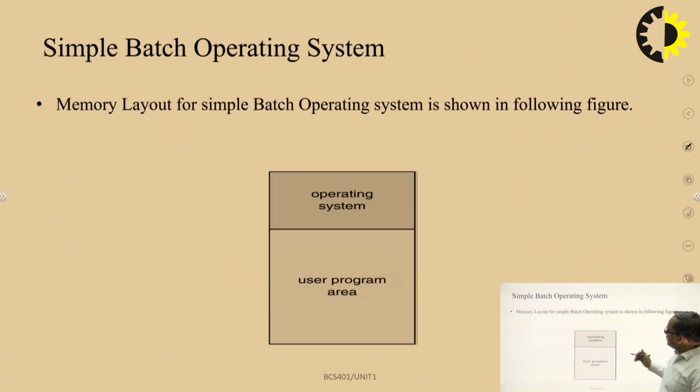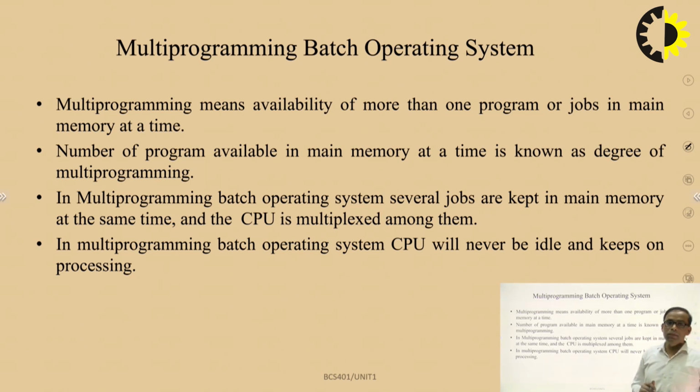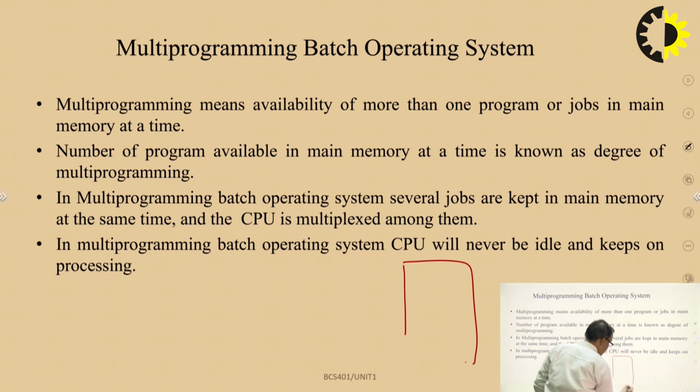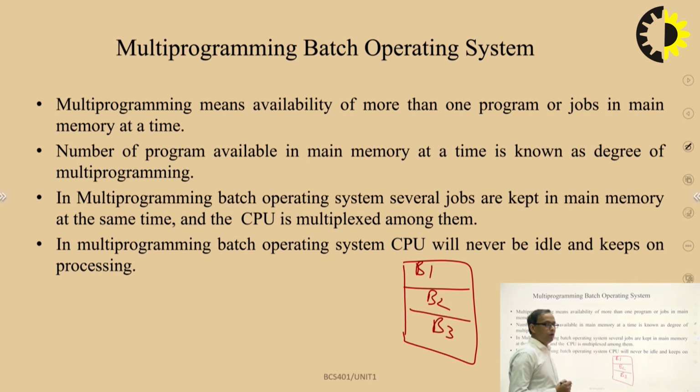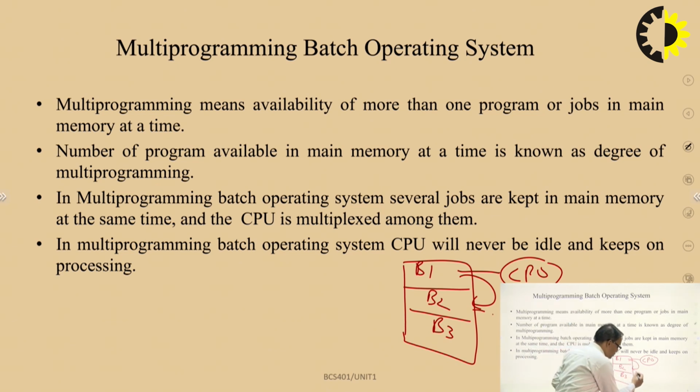Whereas in a multi-programmed batch operating system, more than one batch is loaded into memory at the same time. Suppose we have three batches, B1, B2 and B3. When the CPU starts to execute B1, then after completion of all the jobs defined in B1, the CPU will automatically start to execute B2, and then B3.